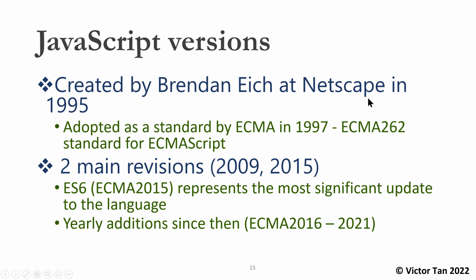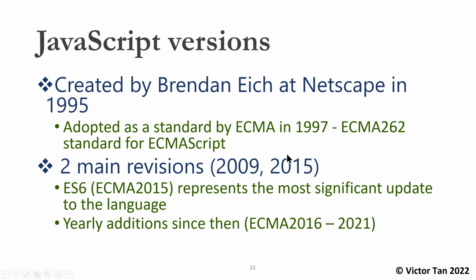Okay, so the first significant revision of the language was in 2009. So in 2009 there was a very major revision of the language, and that was called ES5. Okay, and then in 2015 there was another, in fact the most significant update to the language.